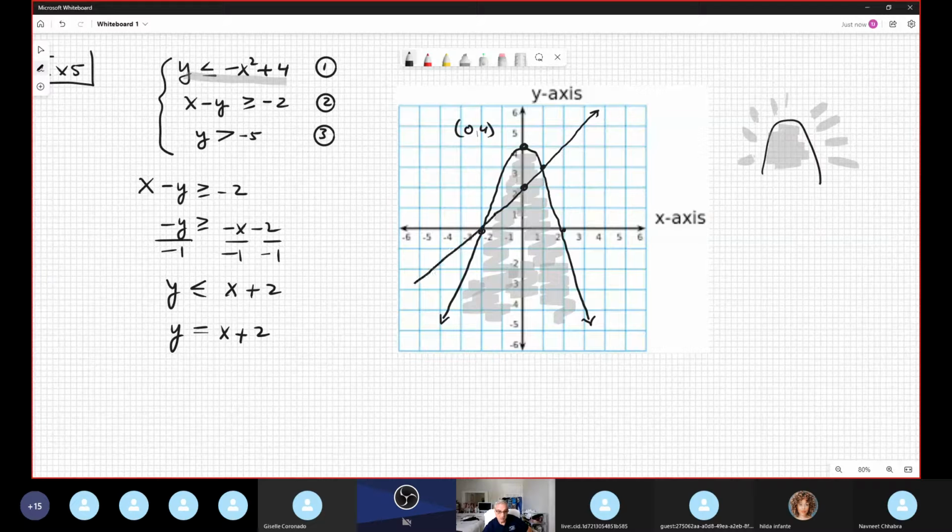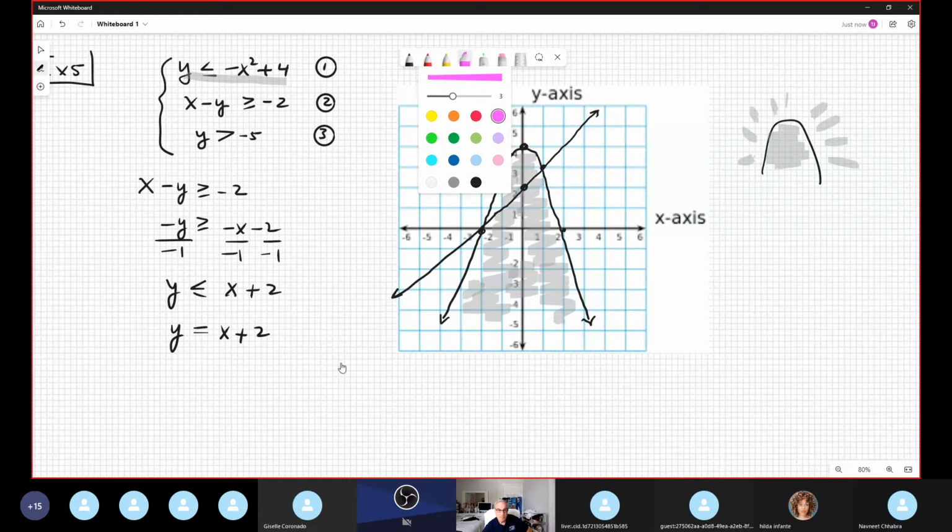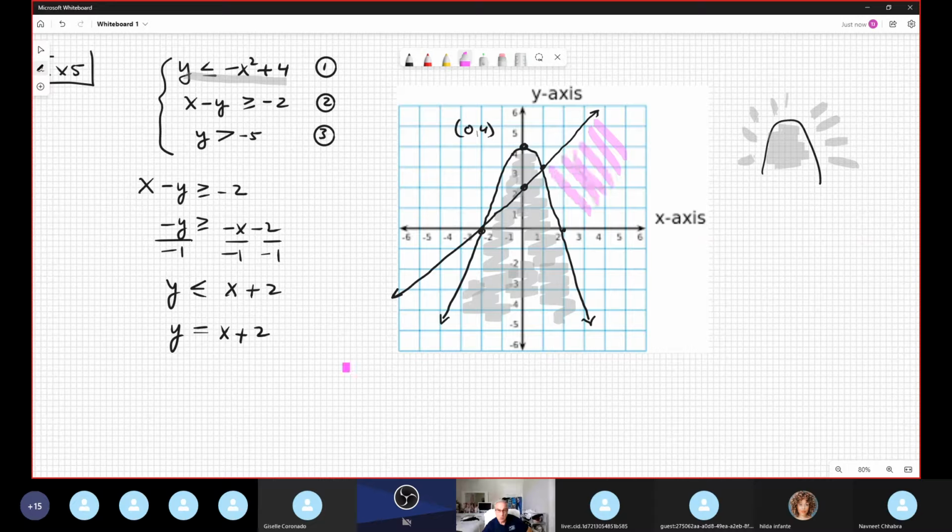I don't know exactly if it passes through this or not. And it's less than, so it's obviously below. So far, we are doing the gray color, now the pink color. The pink color is this.